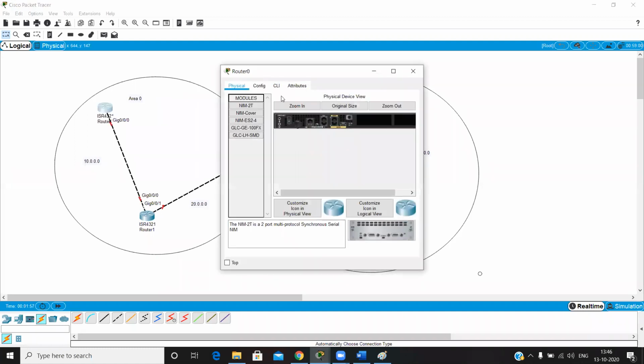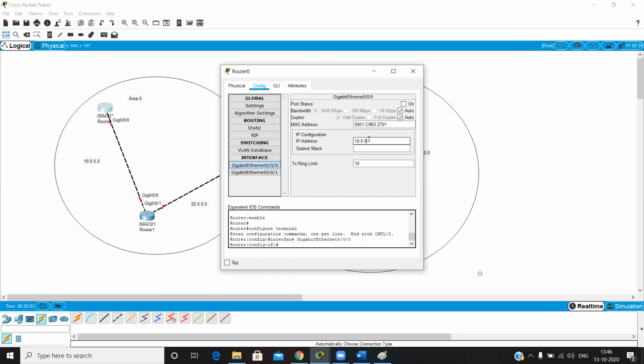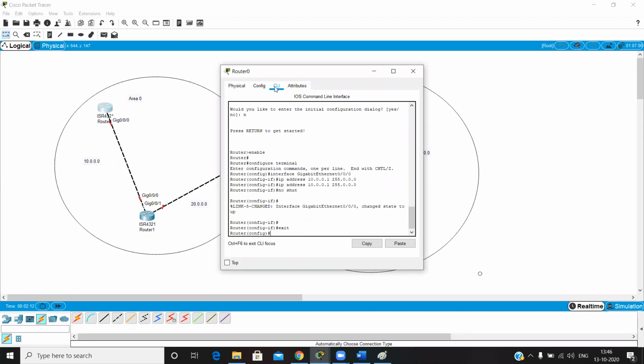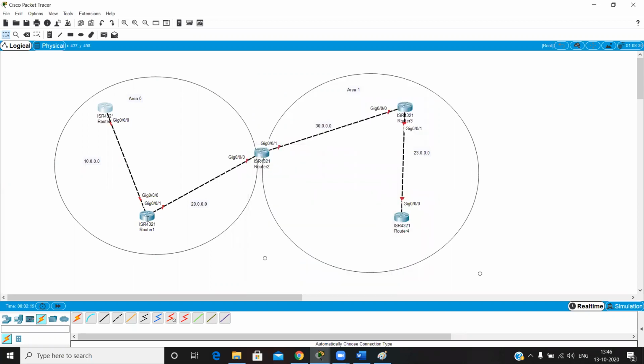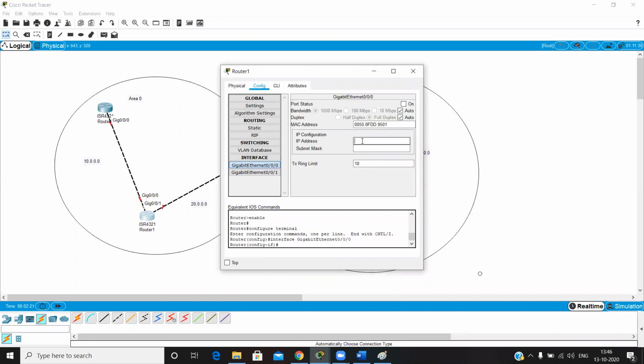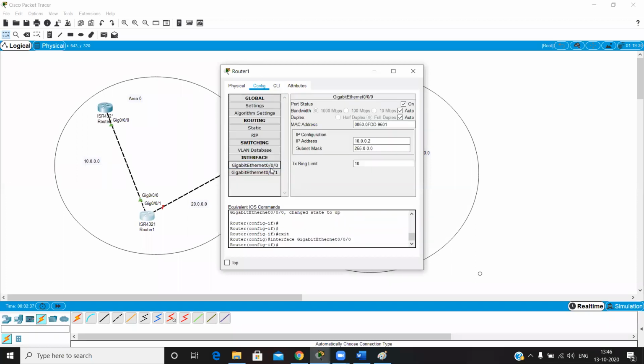So firstly, configure the IP addresses: 10.0.0.1, 20.0.0.1 IP.